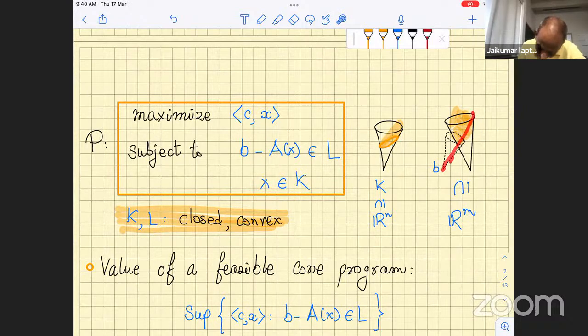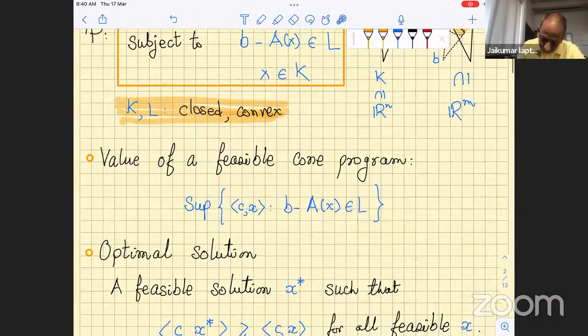That is, you apply this affine form to it and make sure that it falls in this. Okay, is this clear? Does this look reasonable? It is like a generalization of linear programs using cones.